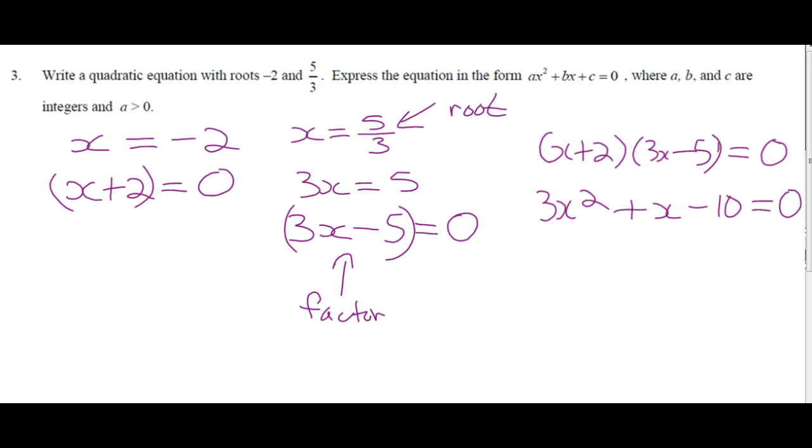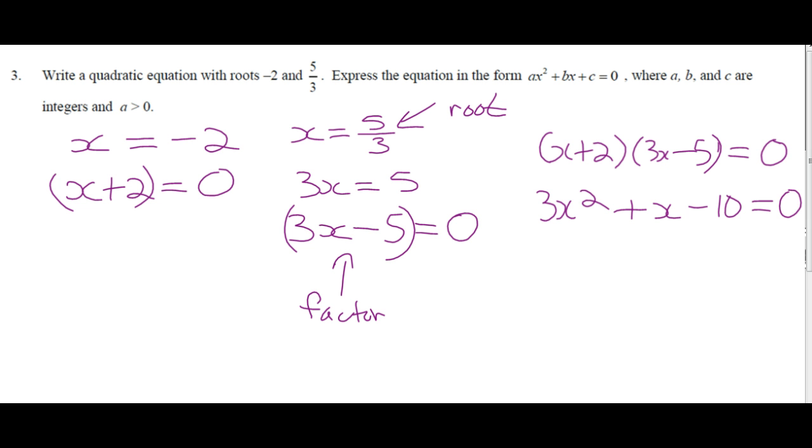If you want to check this, then on some other piece of paper, you can take this, factor it to this, and get the roots out of it. Okay, but keep in mind, what are we doing? We're starting with roots. What's the root say? It says if x is equal to -2, then that expression will be 0.